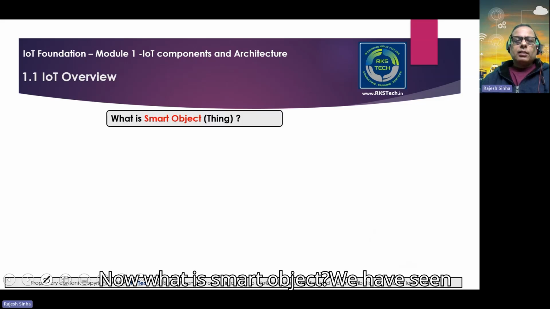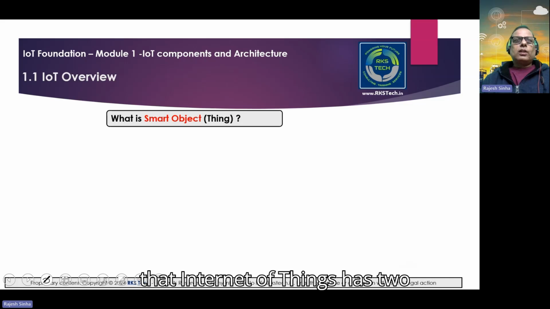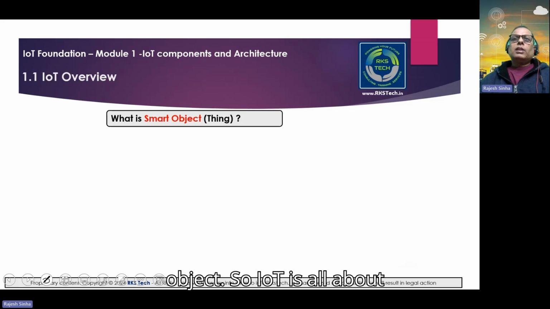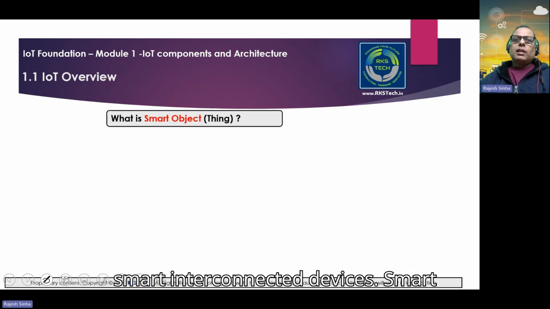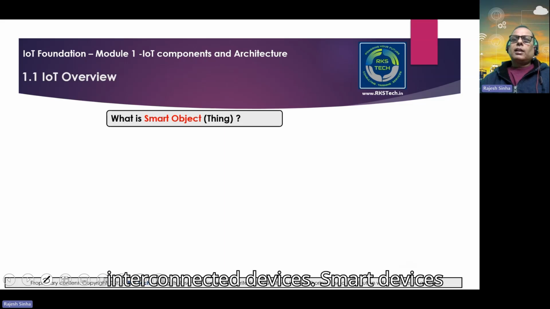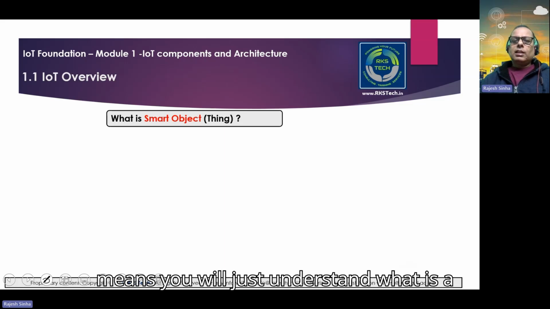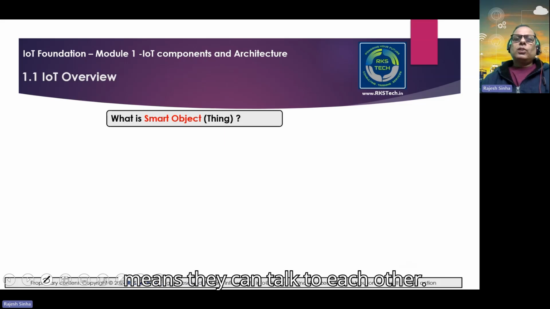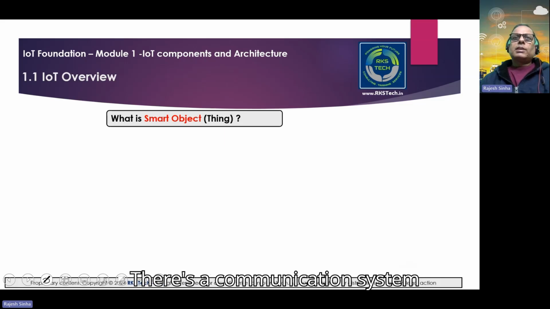So what is a smart object? We have seen that Internet of Things has two components. One is the networking, which is interconnected, and second is the smart objects. So IoT is all about smart interconnected devices. Interconnected means they can talk to each other. There's a communication system established between them.